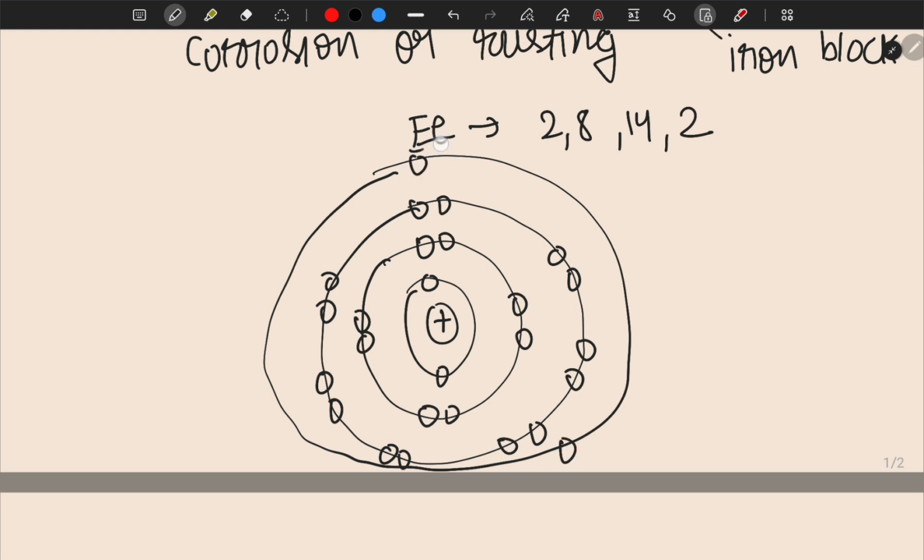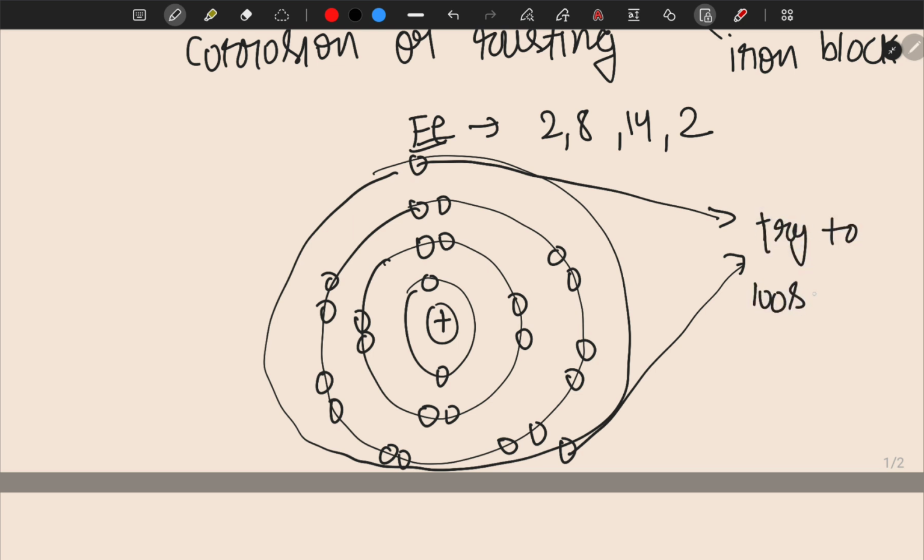So Fe will try to lose these two electrons. Why?